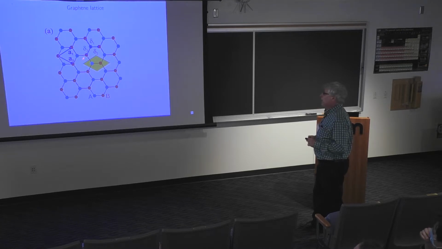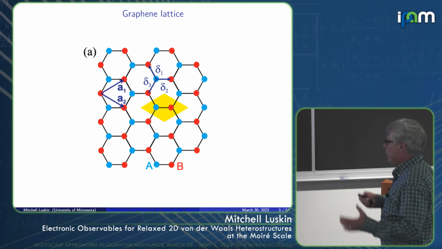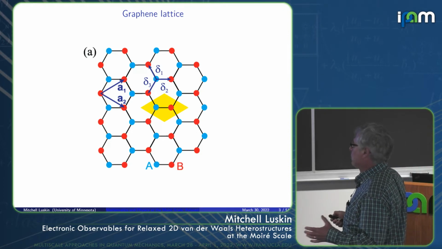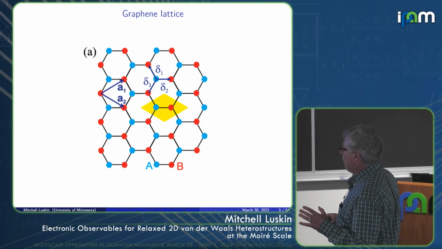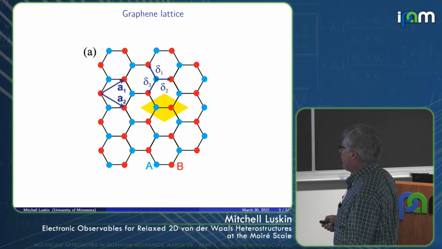Graphene is just a hexagonal structure made of carbon. Both the red atoms and the blue atoms form triangular lattices. They're intertwined, so each unit cell contains what's called an A site and a B site. So this is graphene.